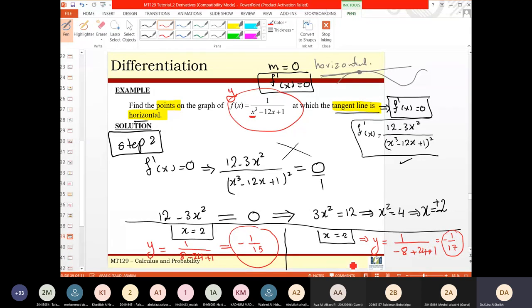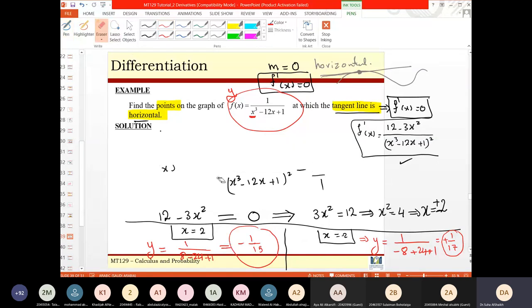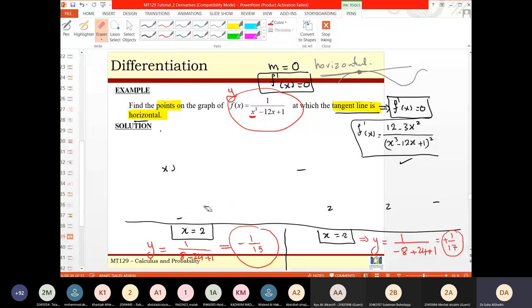With a minus, right? No, it's a plus here. Here it's with a minus, and here it's with a plus. So we got 2 points here where the tangent line is horizontal. The 8 is a substitution.